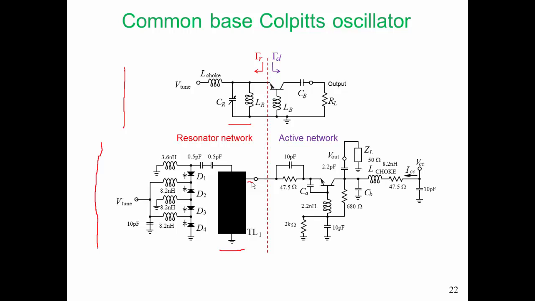We can model this transmission line as a transmission line from the top to that point. Then there's a connection that goes off to the right to the active network, and a connection that goes down to another transmission line. In a lumped element simulation of this circuit, we would just consider two transmission lines to model TL1.